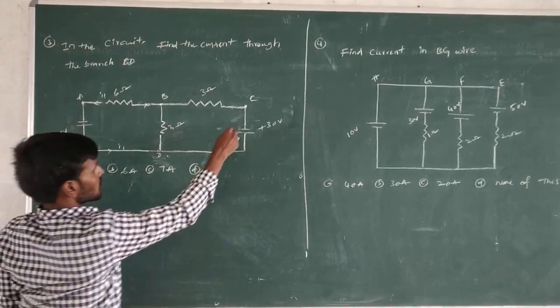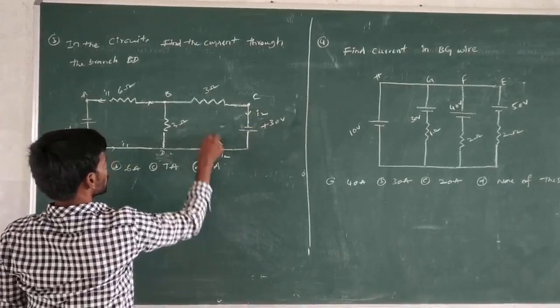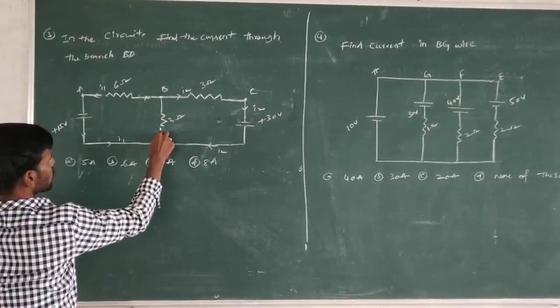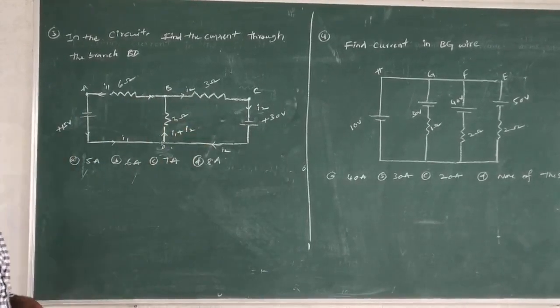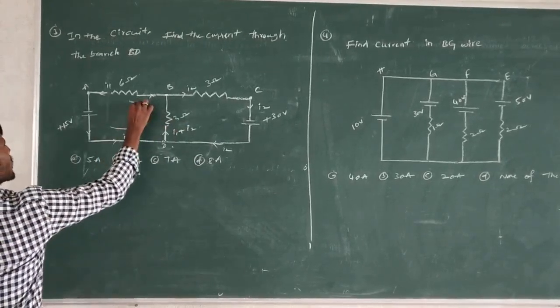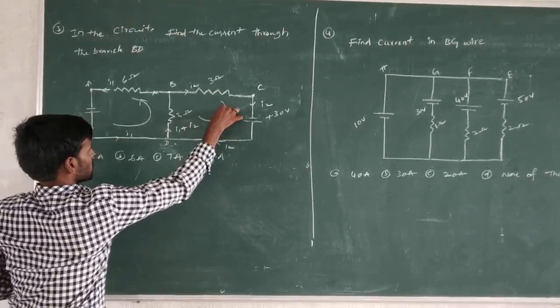For the second loop we start from point C, and the current I2 flows in the circuit. In the middle branch BD, the total current flowing is I1 plus I2. This moves in an anti-clockwise direction, and it will represent a clockwise direction.